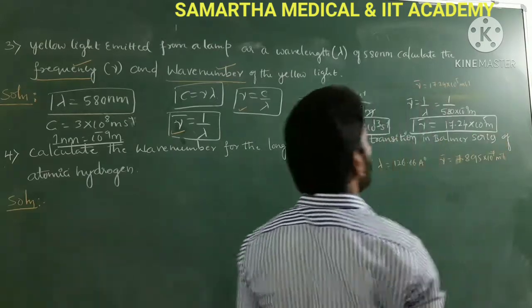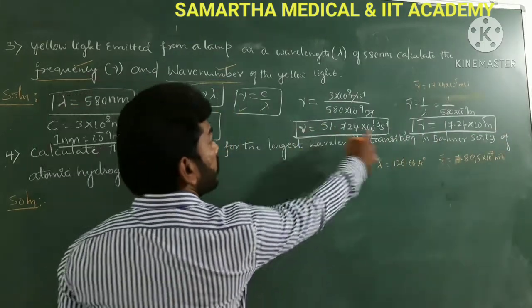So this is the actual value for the wave number, and the other one is for frequency.